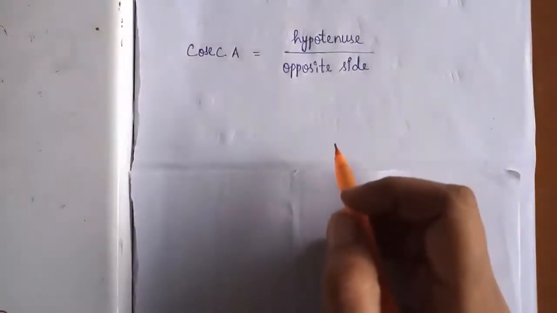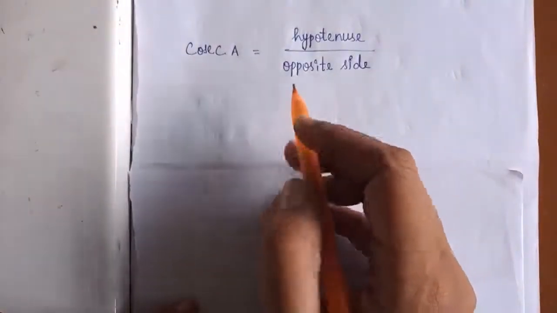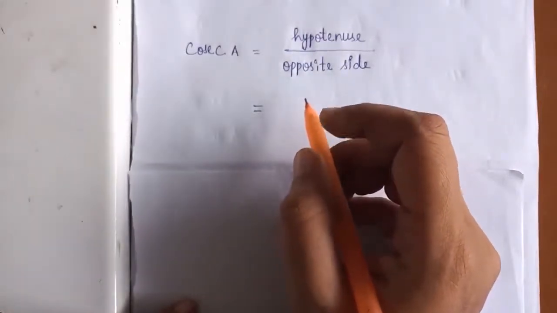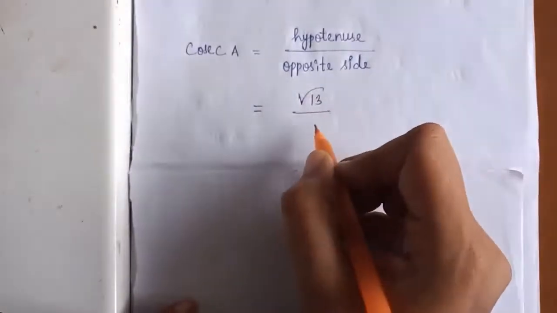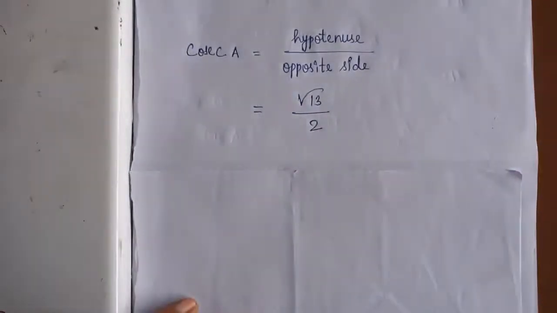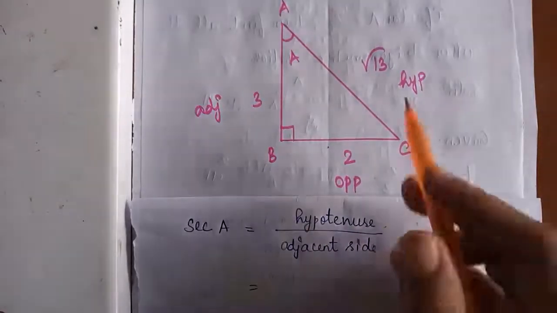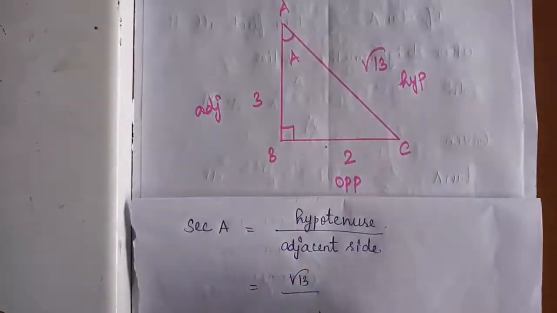Tan value is given in the question. So next we are going to find cosecant A. So cosecant A is equal to hypotenuse by opposite side, which is equal to the hypotenuse is root 13 divided by the opposite side is 2. Secant A is hypotenuse by adjacent side, the hypotenuse value is root 13 divided by the adjacent side is 3.